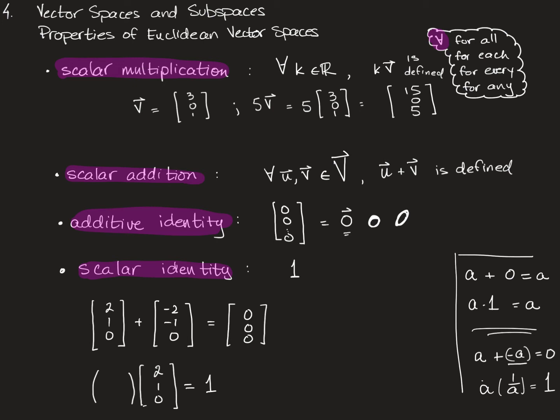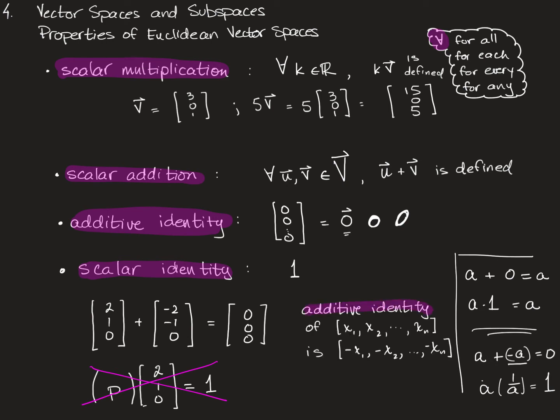Let's call that number p. This is not a vector p, it's just a number p. What number do I multiply by this vector to get a number out? Well, I don't. When I multiply this number by this vector, the result is going to be a vector, not a number. So there is no such thing as the scalar multiplicative inverse.